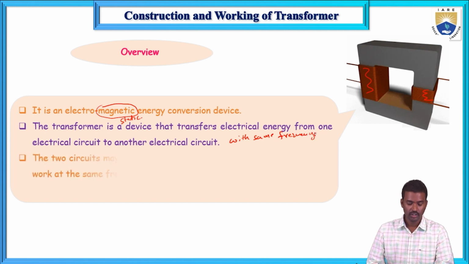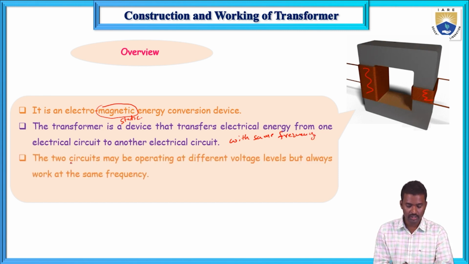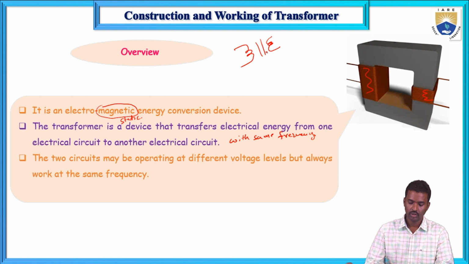Now next here it consists of two circuits, circuit 1, this one, and circuit 2, and this is a magnetic core, with two different levels of voltages, with same supply frequency. Load frequency is the same, and there is no electrical contact between two coils, and it transfers electrical energy from one circuit to another circuit.